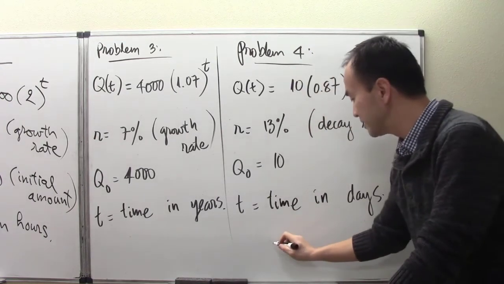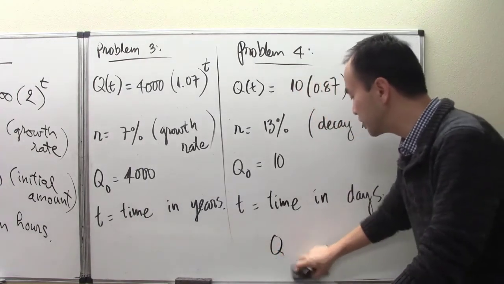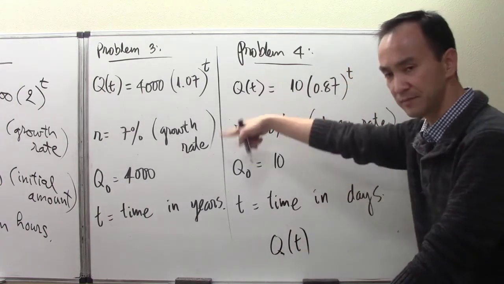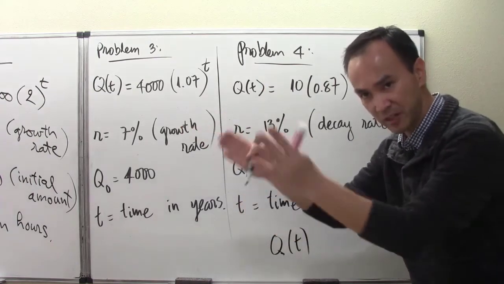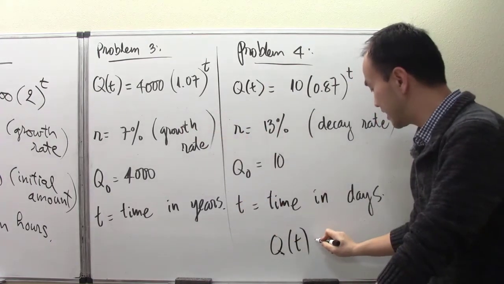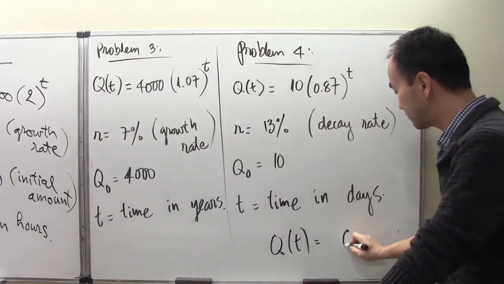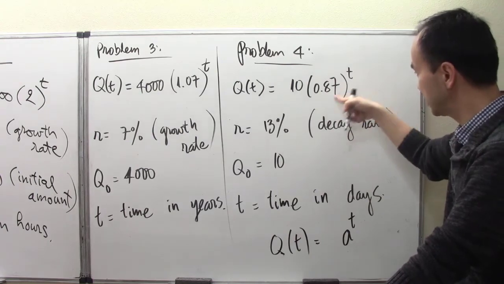So far, when it comes to modeling any of these quantities that change by a fixed proportion in each period of time, we can always bring it down to the form of an exponential function, a to the t, with base a.